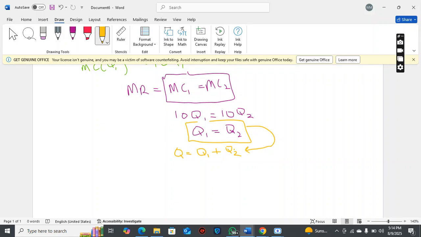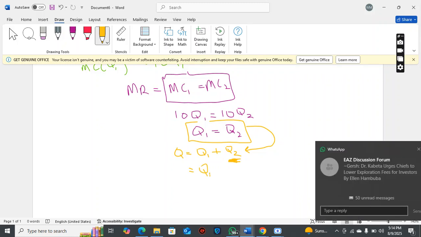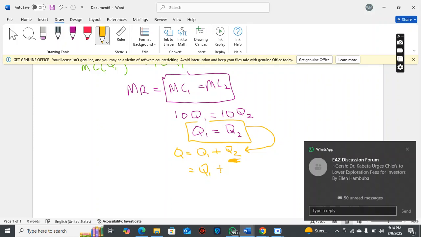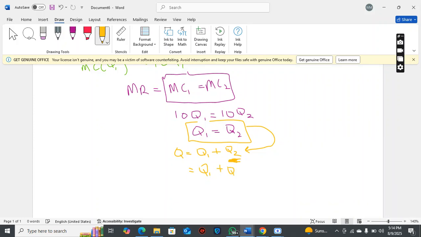Since Q1 equals Q2, we can substitute this Q2 with Q1. So it's the same as saying Q equals Q1 plus Q1, so Q equals 2Q1.